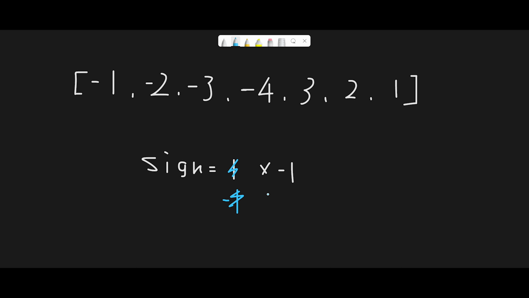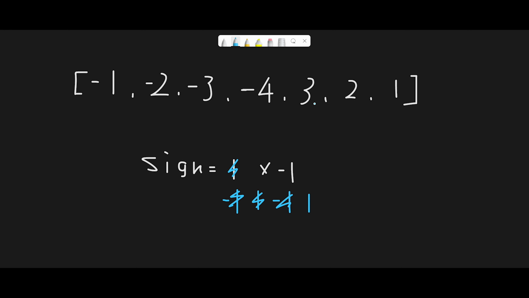Now the sign variable is 1. Then move next, again we find the minus 3, a negative number, so we multiply minus 1. Now minus 1. Then move next, we find a minus 4, so we multiply minus 1. Now sign is 1.